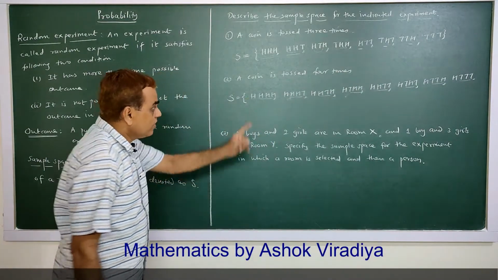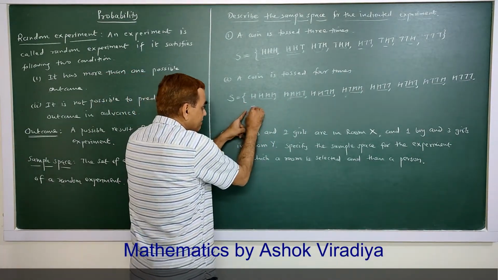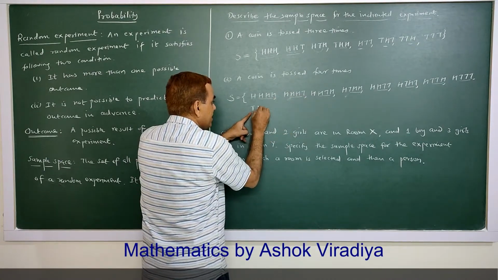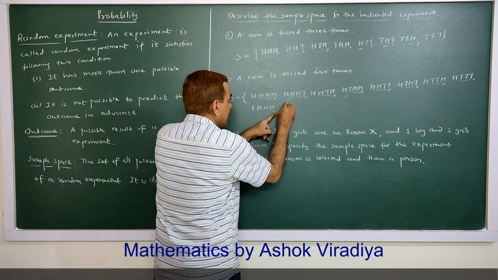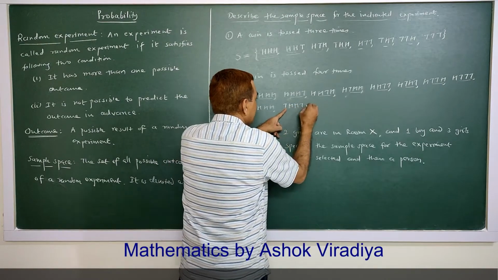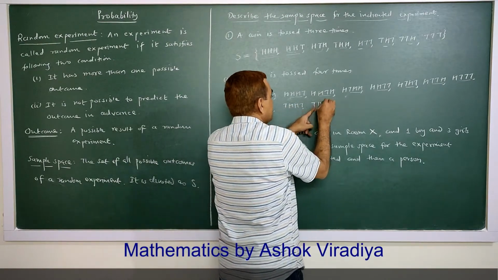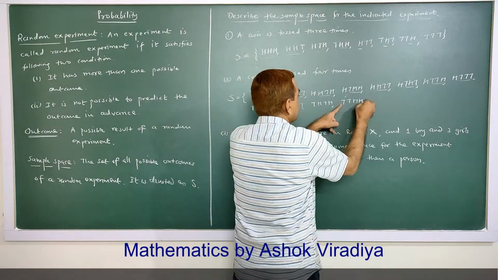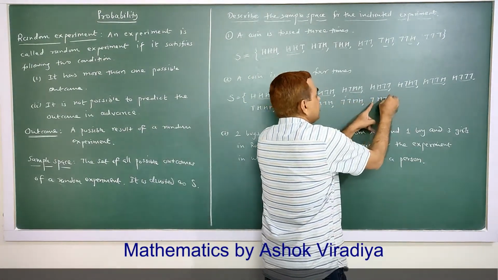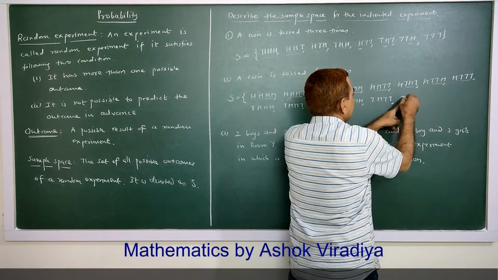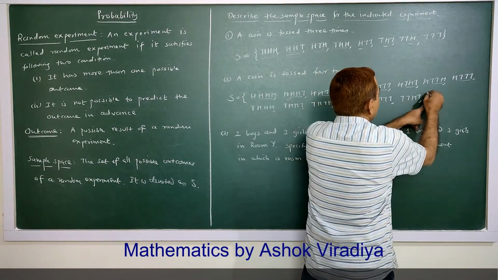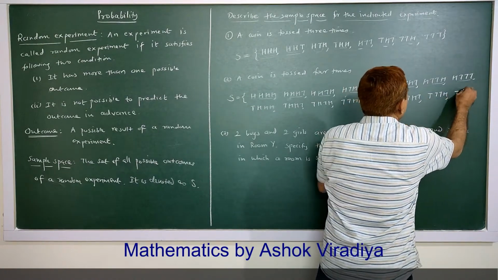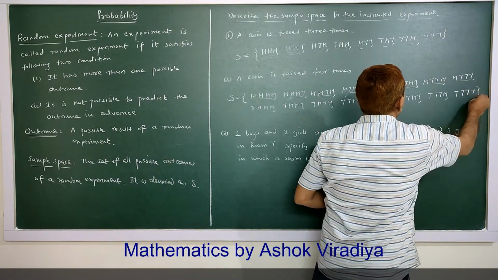Now what we do is replace this first H by T, and repeat the same procedure: THHH, THHT, THTH, TTHH, THTT, TTHT, TTTH, TTTT.